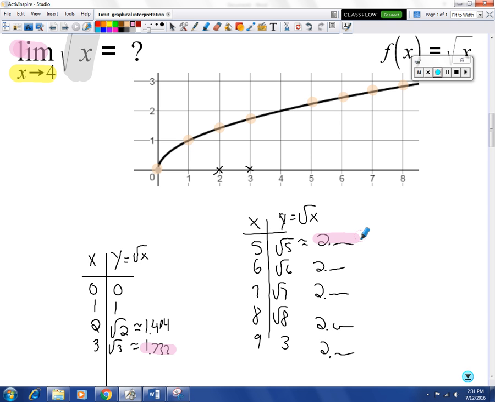Okay, we went from y equals 0 to y equal 1 to y equal 1.414, 1.732, and this one is probably about 2.2 something. So somewhere between 1.732 and 2.2. Our guess, the trend would be 2. And the actual answer is 2. The limit of the square root of x as x approaches 4 is 2. Alright?